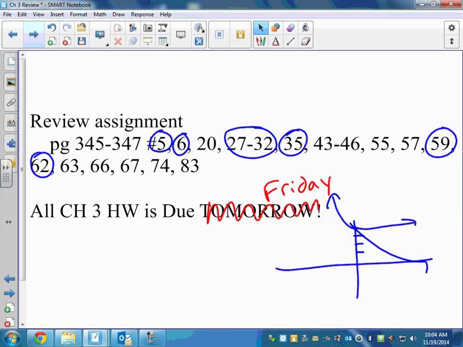Okay. 4 to the 0, and then it's actually negative, so that would be -1.